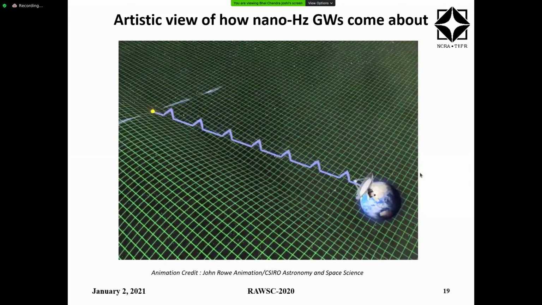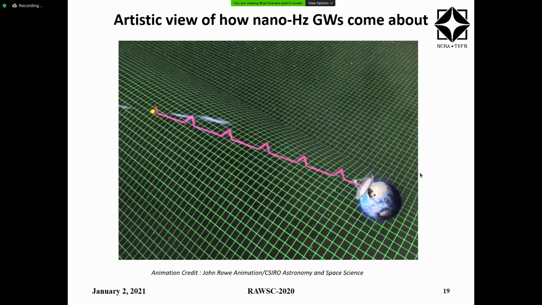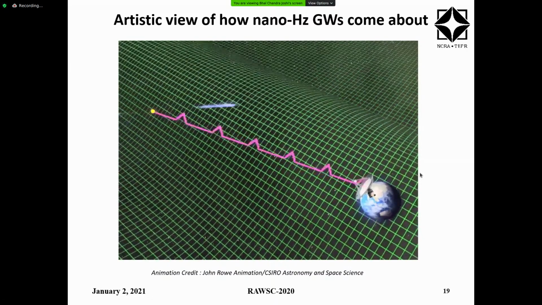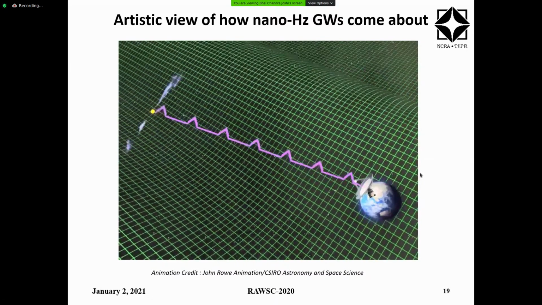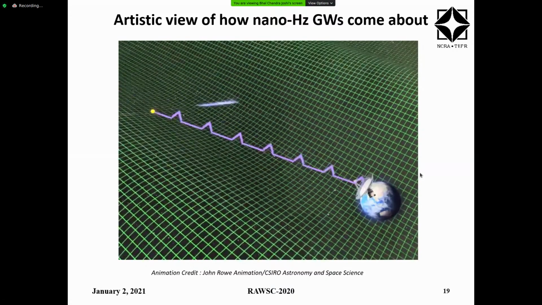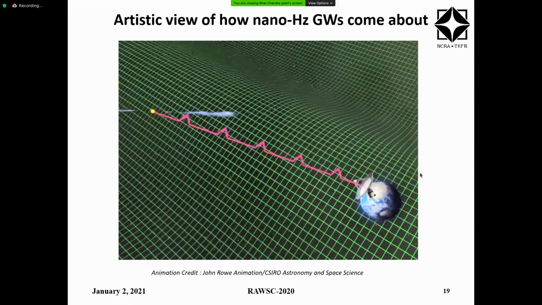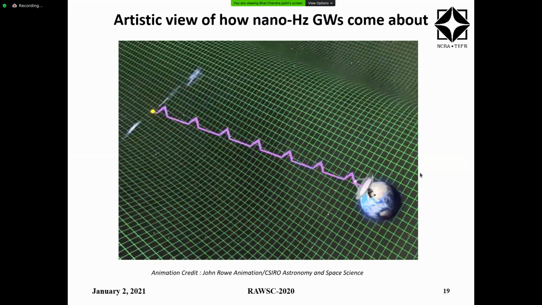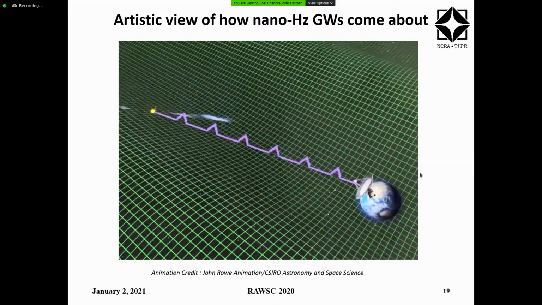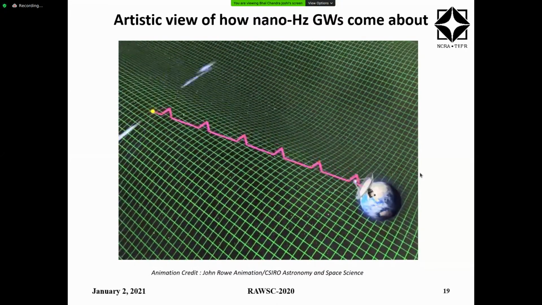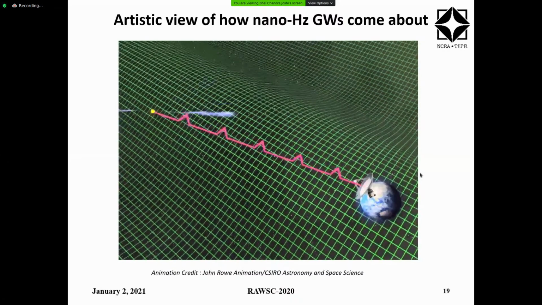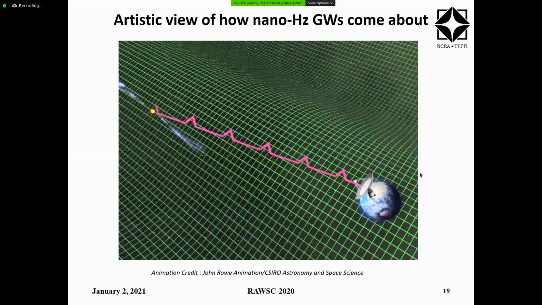And inside the Milky Way, you have pulsars. So as the gravitational wave goes between you and the pulsar, the frequency changes with blue shift and red shift, which is what the color is denoting here. And that blue shift and red shift can be detected by pulsar timing, which I said earlier. Okay. Now the frequency of this will be nanohertz. So you will see a slow variation in the timing residuals over a period of 10 to 12 years or 15 years.